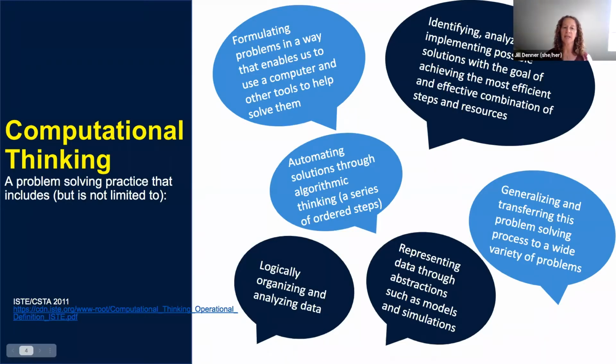Says that computational thinking is a problem-solving practice that includes, but is not limited to, formulating problems in a way that enables us to use a computer and other tools to help solve them, identifying, analyzing, and implementing possible solutions with the goal of achieving the most efficient and effective combination of steps and resources, automating solutions through algorithmic thinking or a series of ordered steps, logically organizing and analyzing data, representing data through abstractions such as modeling simulations, and generalizing and transferring this problem-solving process to a wide variety of problems.